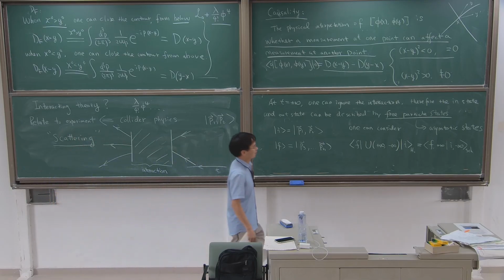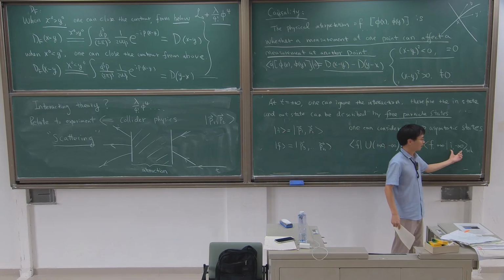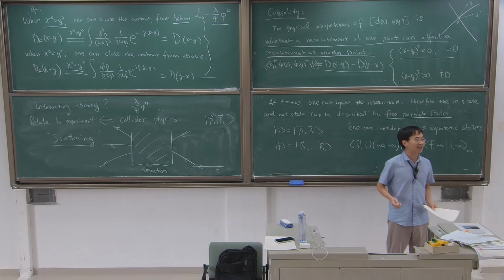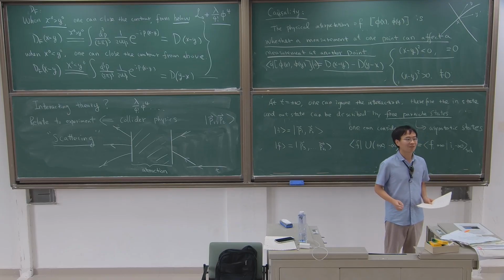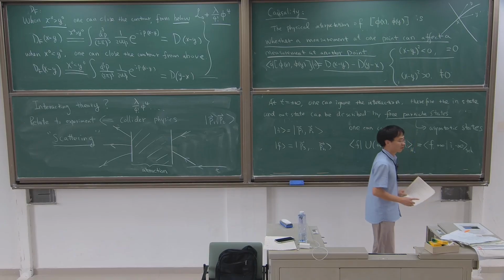For instance, this kind of abstract state essentially means that, in quantum mechanics, we know how to evolve a Schrödinger state. For example, we can write down the evolution e to the minus iHt to evolve the state. Then we get another state at another time. Remember that? The unitary operator to evolve the state.